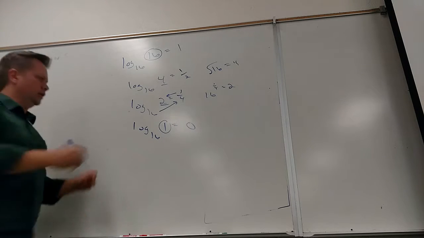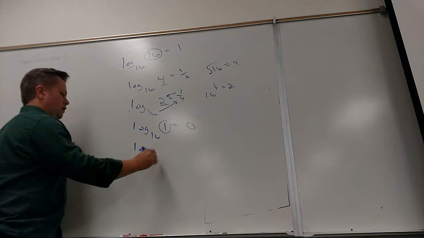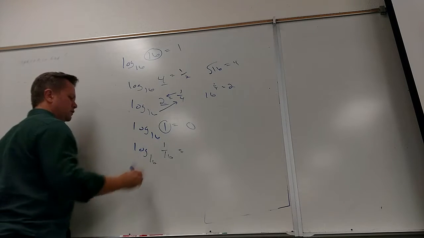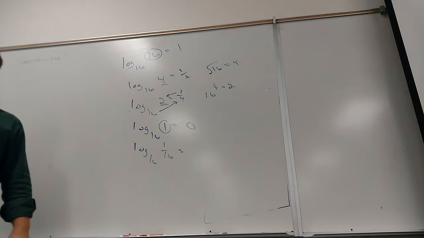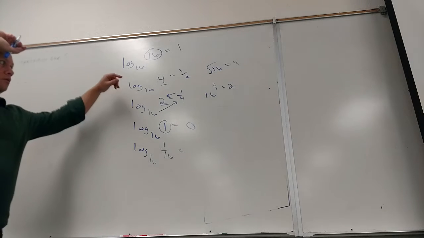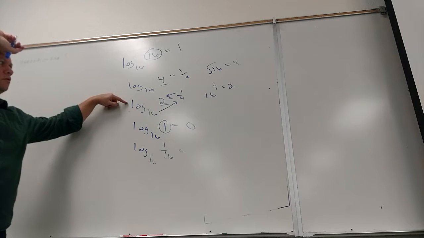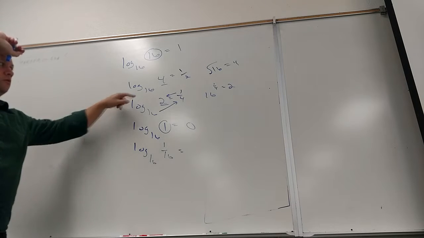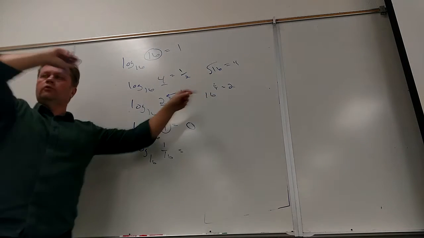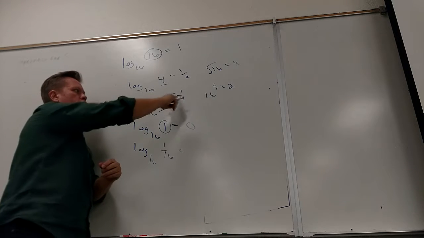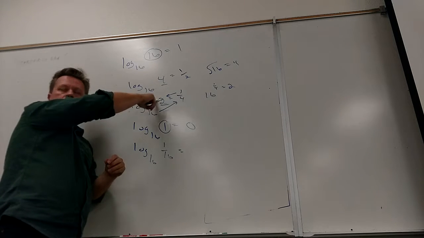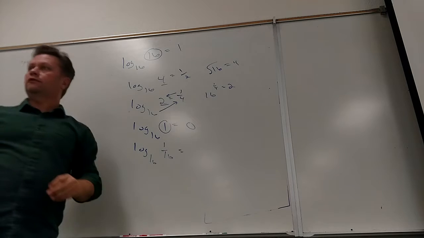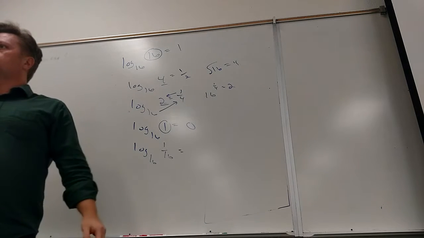And the minute you get to something less than 1, what's that going to be? So how would you check log base 16 of 2, which you said is 1/4? Right there, you rewrite it. What does this mean? 16 to the 1/4 is 2. Is that true? Yes, the 4th root of 16 is 2. That's how you check it.